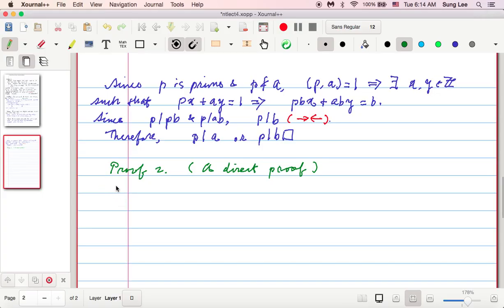With all the given assumptions, we are trying to prove that if P divides A times B, then P divides A or P divides B. Maybe I should write that down.